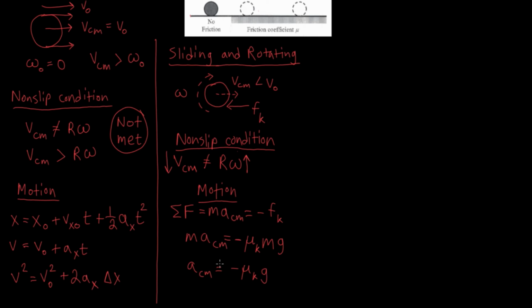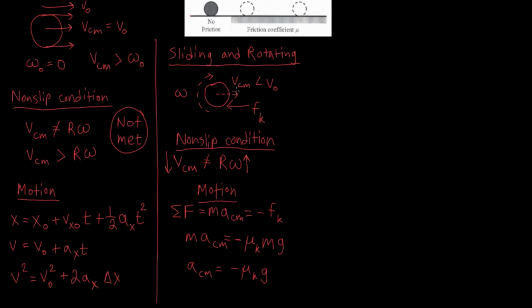Now let's try to make sense out of this. Why is the acceleration of the center of mass negative? So initially the velocity of the center of mass was v naught, and that was for when the object was sliding only.